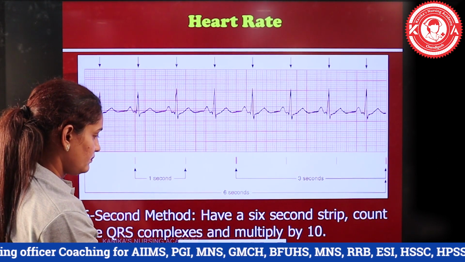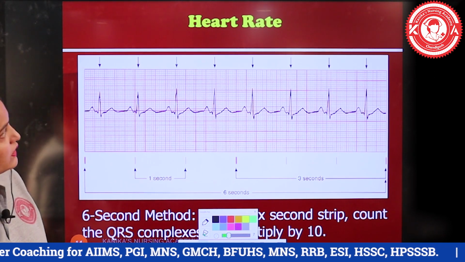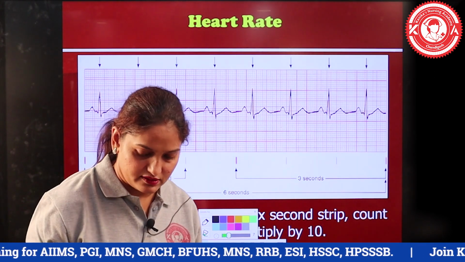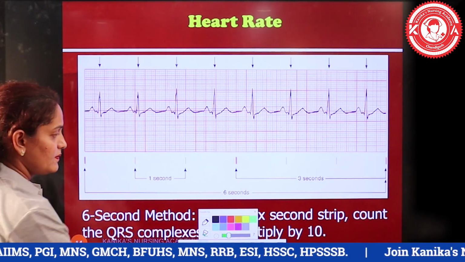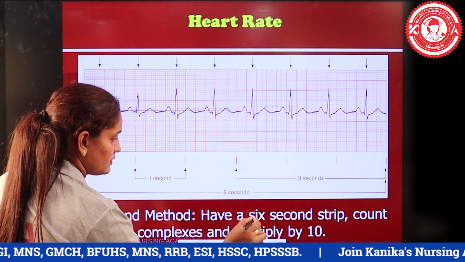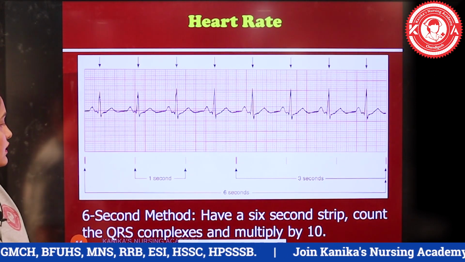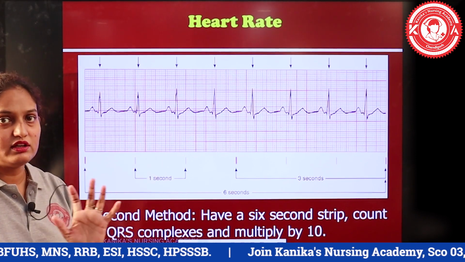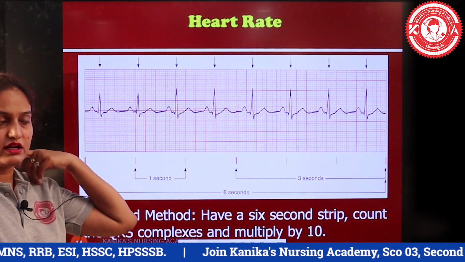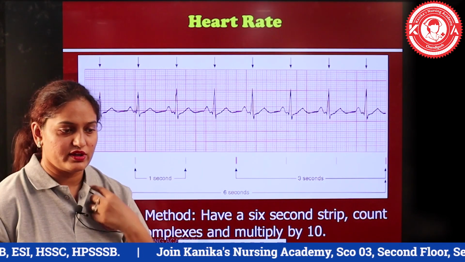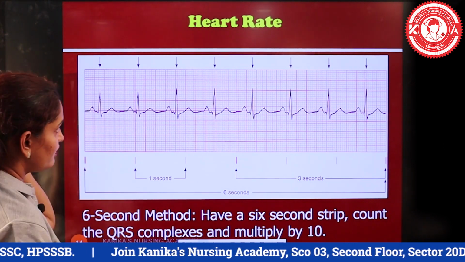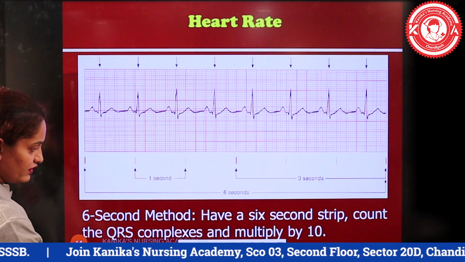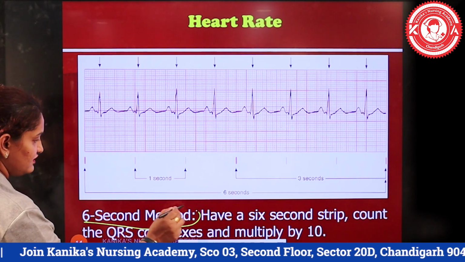Okay, so here we come to the first question, that is the interpretation of heart rate. We have 3 different methods to calculate the heart rate from the ECG strip, and we will discuss them one by one. The first is the 6-second method.